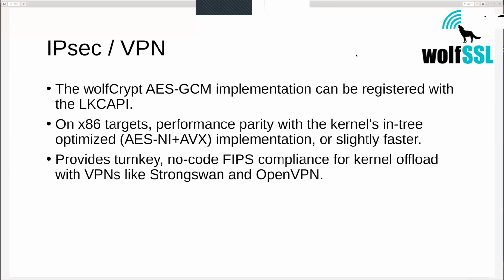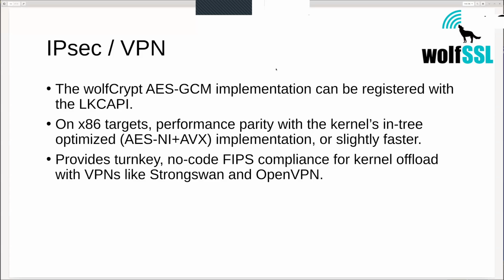If you load our module, then use TLS offload for the AES-GCM encryption and decryption, you'll be using our FIPS code. So you're immediately FIPS compliant on the kernel side for the offload.